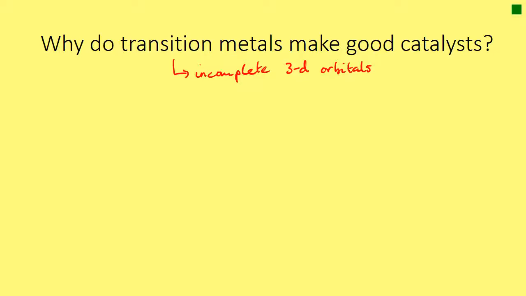And so that is what facilitates the alternative reaction pathway, because it takes very little energy to move from one oxidation state to another oxidation state, and in that process of moving oxidation state they can transfer electrons to the reactant species, and that's what facilitates the faster reaction.